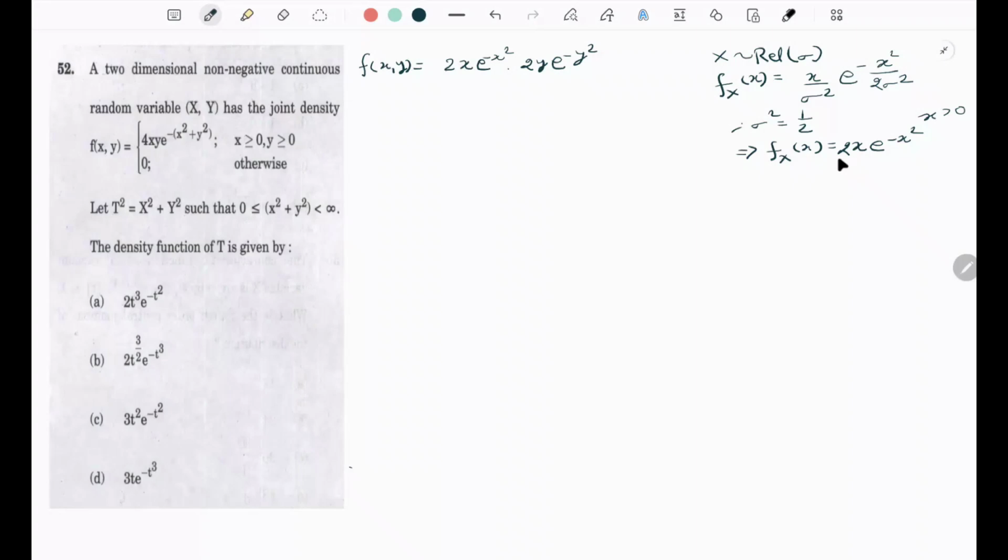Now if we compare this PDF with this one, we can say that X is a Rayleigh random variable and Y is also a Rayleigh random variable.